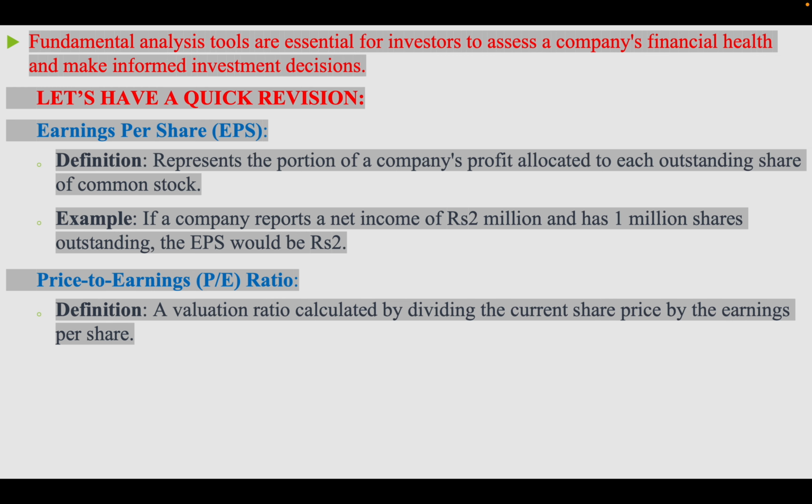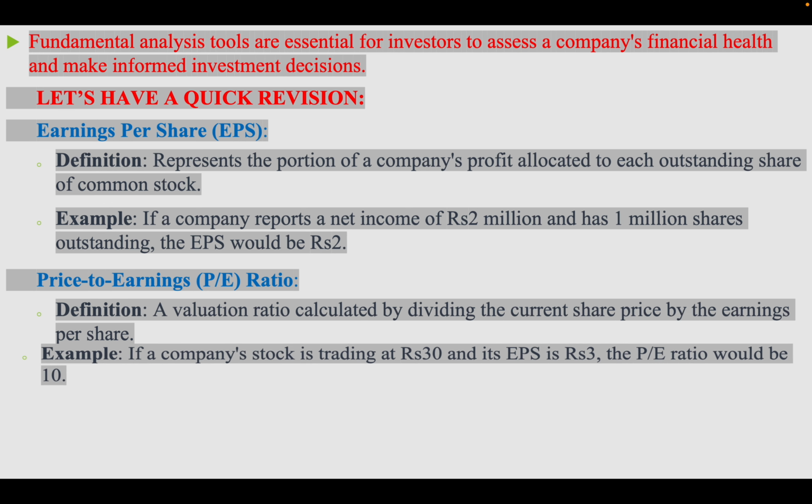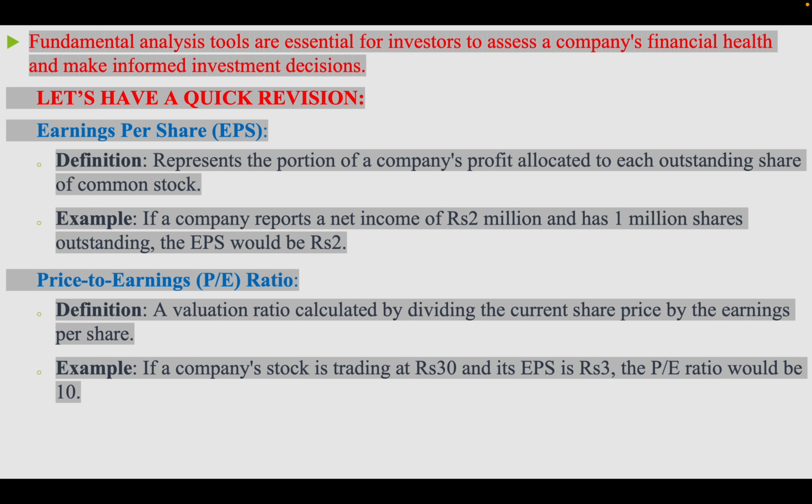Definition: a valuation ratio calculated by dividing the current share price by the earning per share. Example, if a company's stock is trading at rupees 30 and its EPS is 3, the PE ratio will be 10. Its formula is MPS by EPS, meaning 30 divided by 3 is equal to 10.